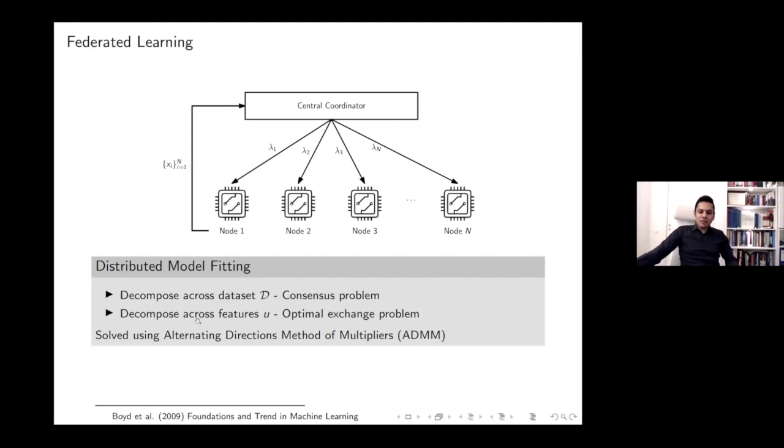So that's decomposition across features. In either case, you can formulate it as a distributed optimization problem, which you can then solve using distributed optimization methods like ADMM, which is the alternating direction method of multipliers.